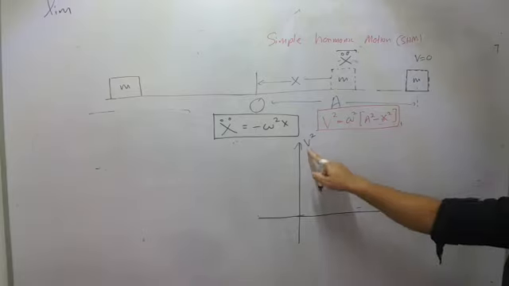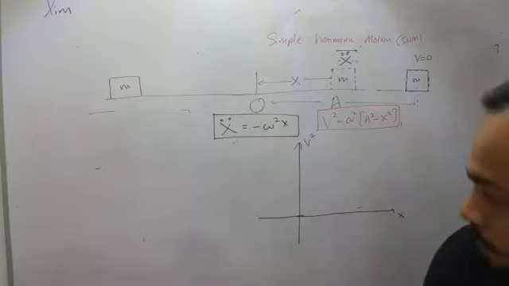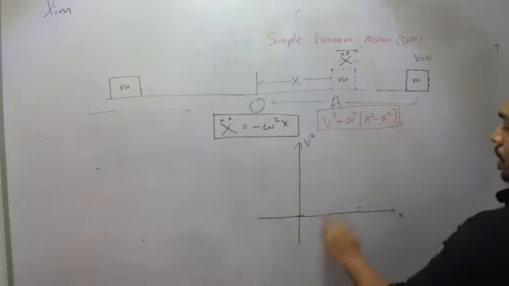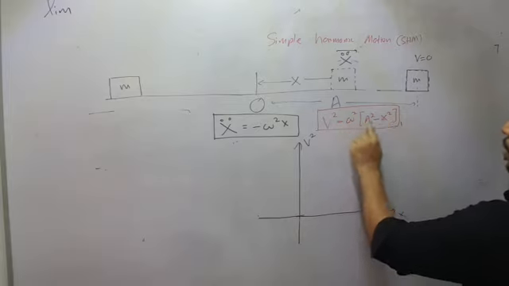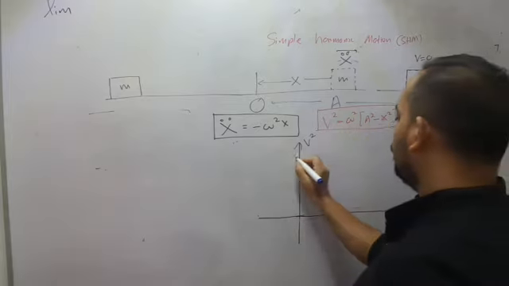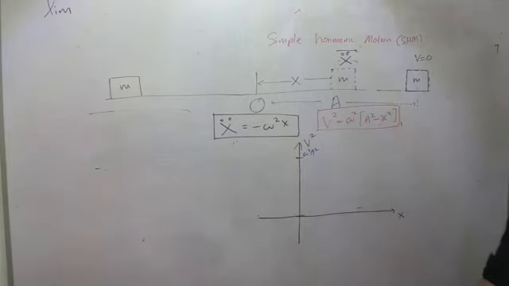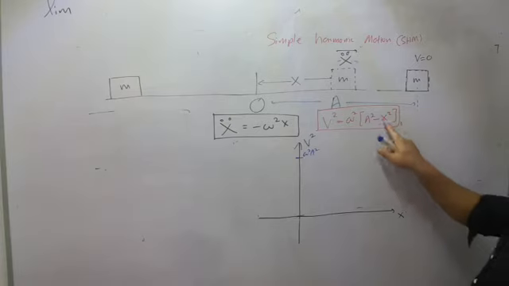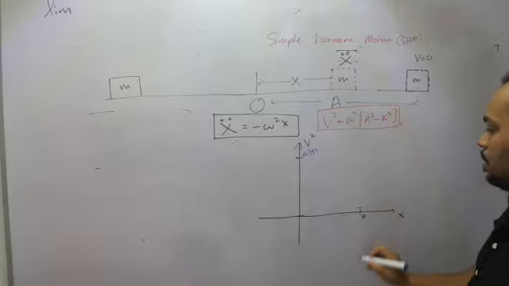So if I graph this, the origin means x equals 0. So what happens at x equals 0, we get v squared equals omega squared a squared. Omega squared a squared, that is the maximum value. At the amplitude, x becomes a, so this part becomes 0.